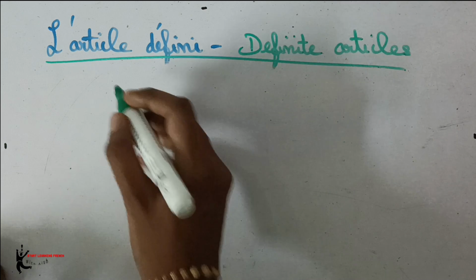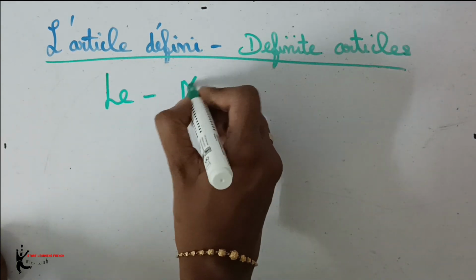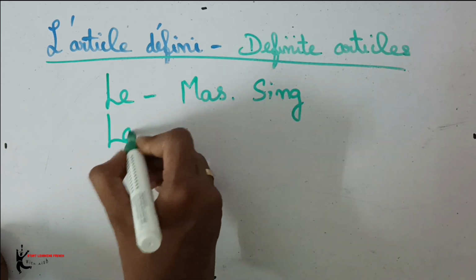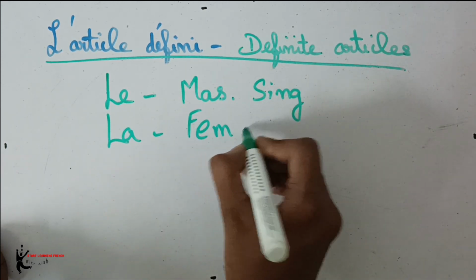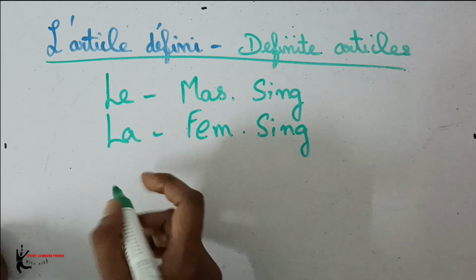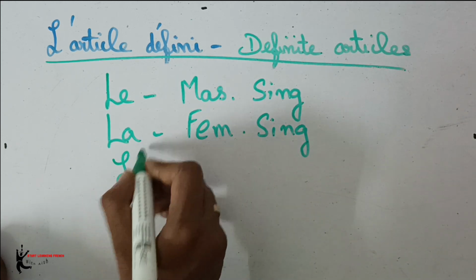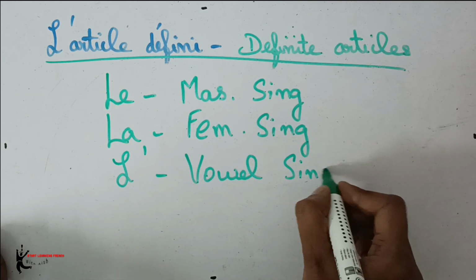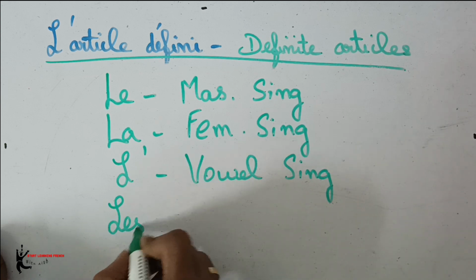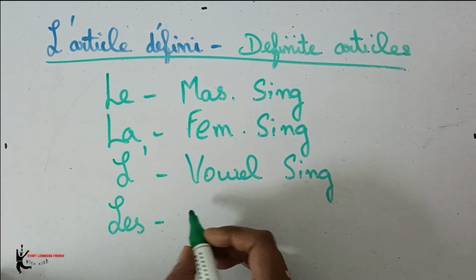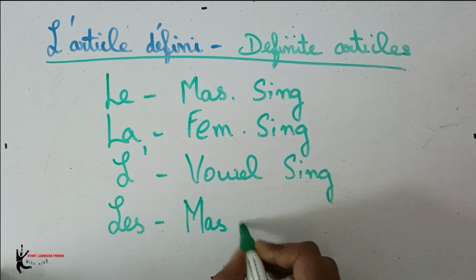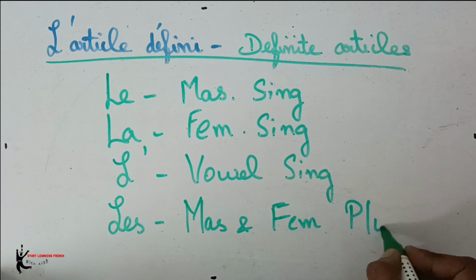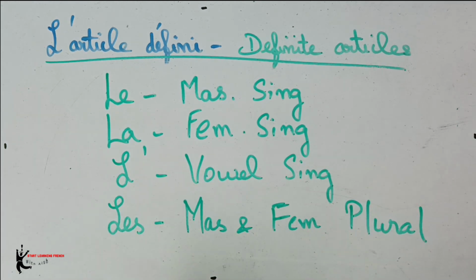Le is for masculine singular, la is for feminine singular, L apostrophe is for vowel singular, and les is for both masculine and feminine plural. Is it clear now?